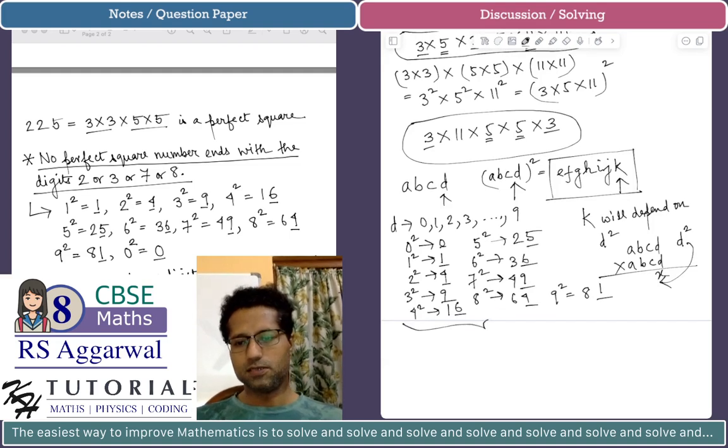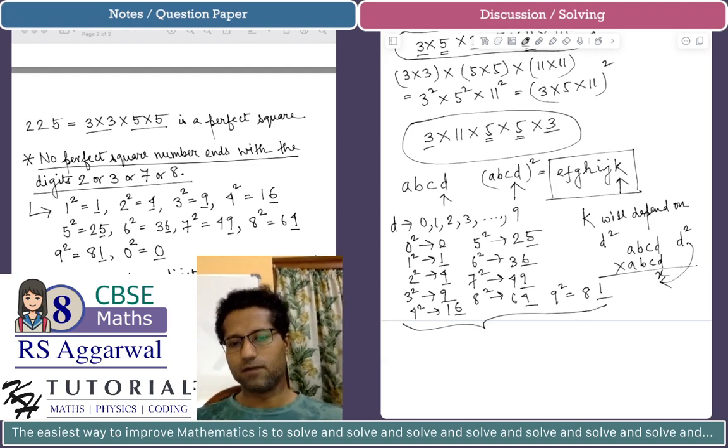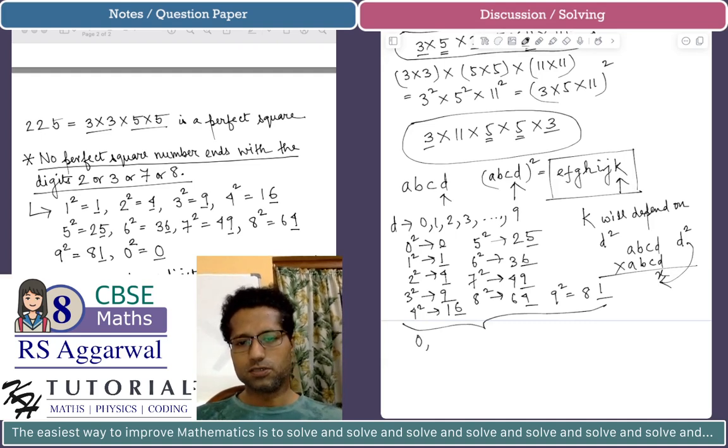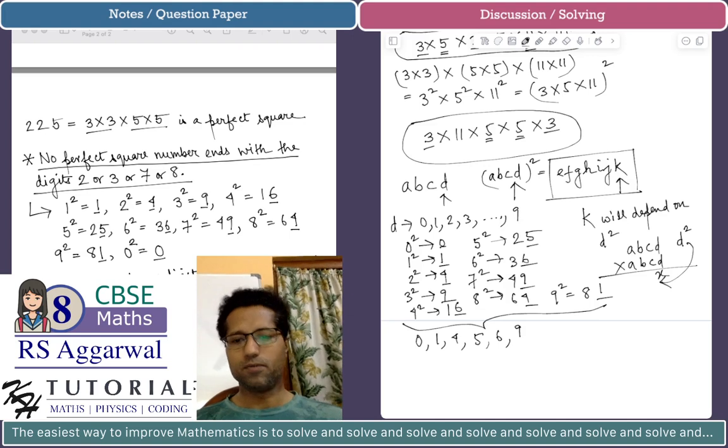From this you can see that the digit at the unit place of the square of a number is either 0, or 1, or 4, or 5, or 6, or 9. 7 is not there, 8 is not there. So these are only the possible digits.